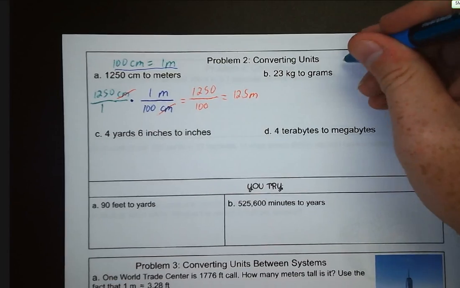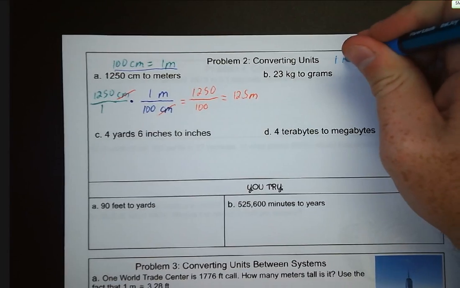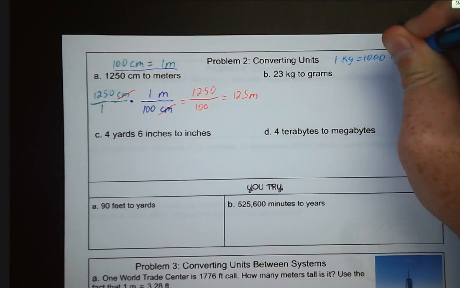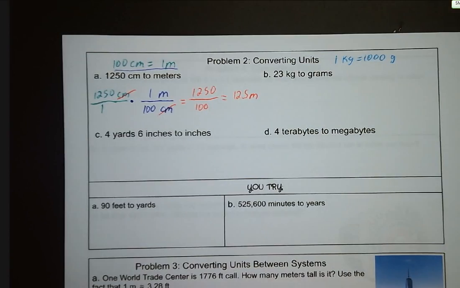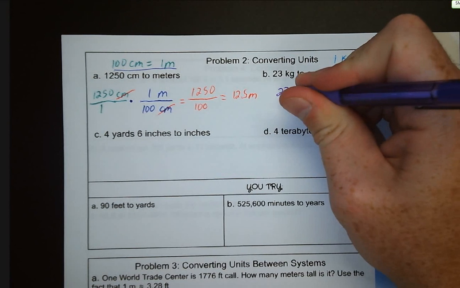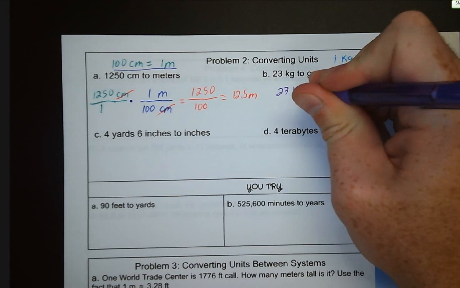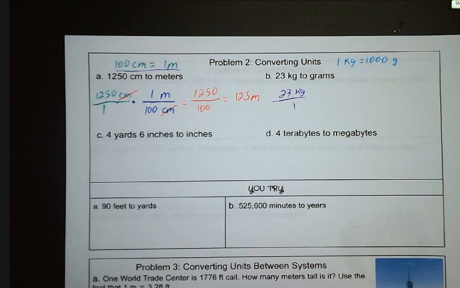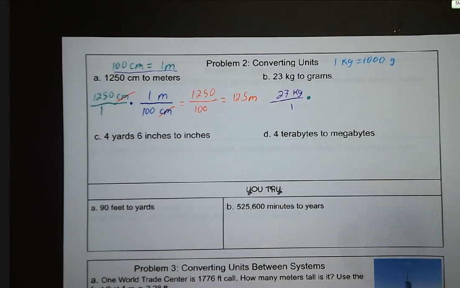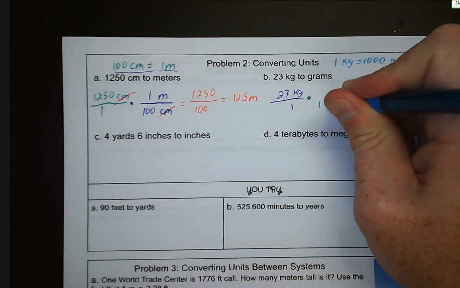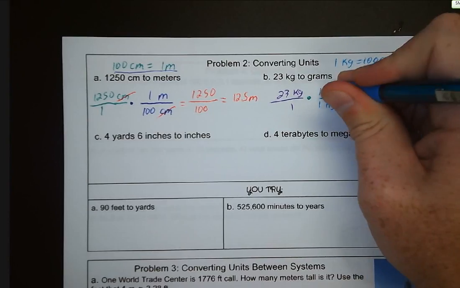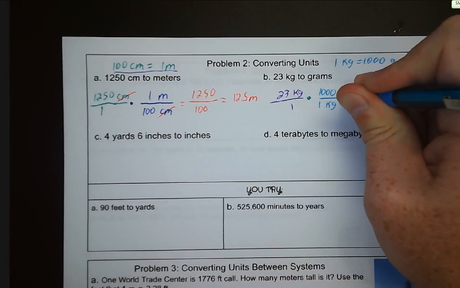Now, 23 kilograms to grams. I know the fact that 1 kilogram is equal to 1,000 grams. So we're going to start. We have 23 kilograms over 1. And we are going to multiply that by, we want kilograms in the denominator, so our units cancel out. 1 kilogram is 1,000 grams.